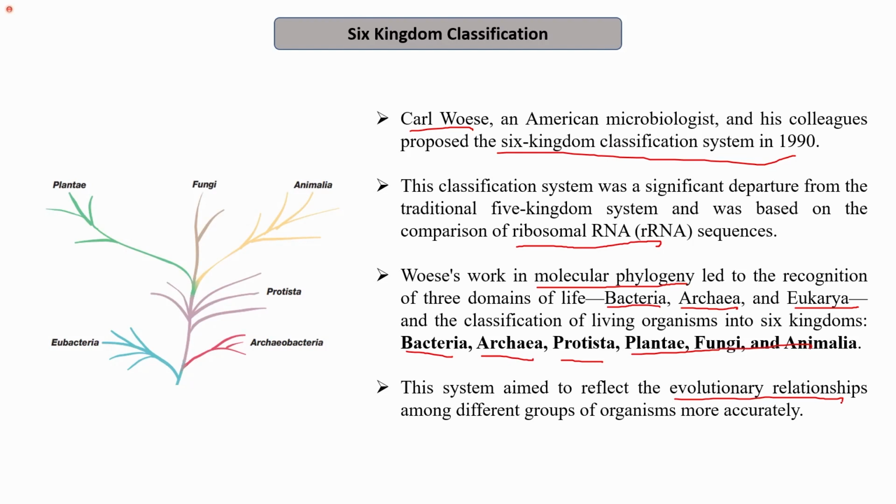Based on this, we can identify the molecular phylogeny of the organism, its evolutionary history, and therefore Carl Woese put them into 3 domains of life, as I mentioned, bacteria, archaebacteria, and eukarya, which can further be classified into 6 kingdoms, that is bacteria, archaebacteria, protista, plantae, fungi, and animalia. So this was about the 6-kingdom classification.